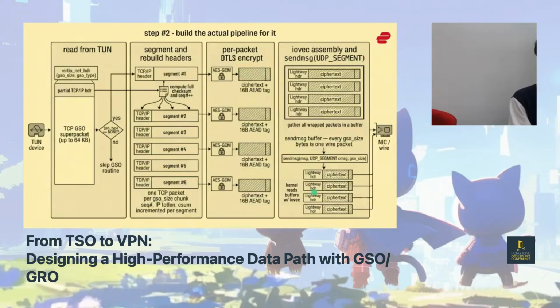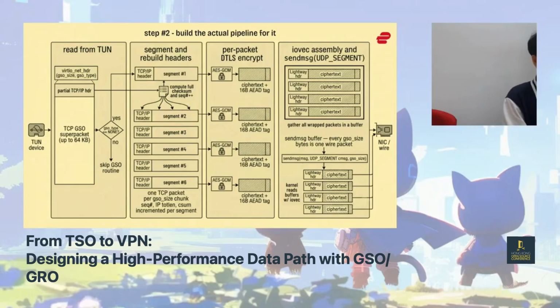But that is too complicated. And unfortunately, this is even more complicated. This is how I actually designed the GSO pipeline in Lightway. So like I said, we take in a header that tells the kernel that we accept all these checksum offloads, and then we complete it for each segment in the TCP super packet segments.